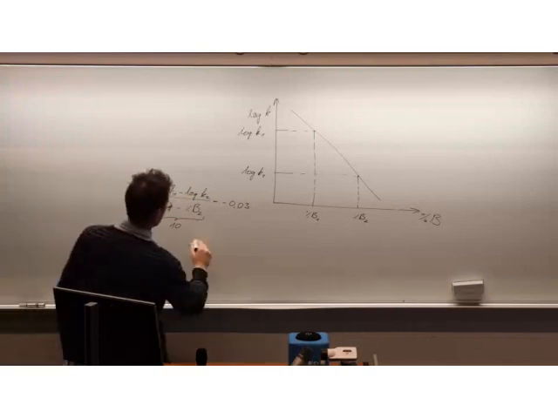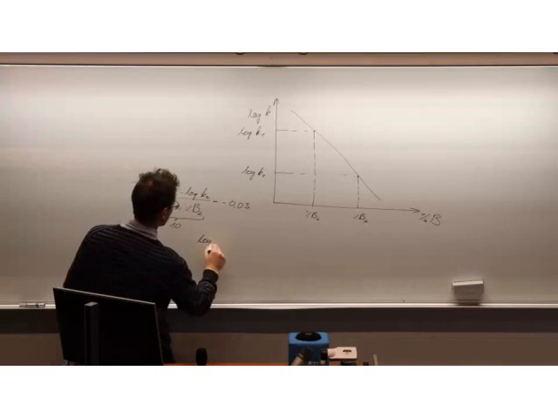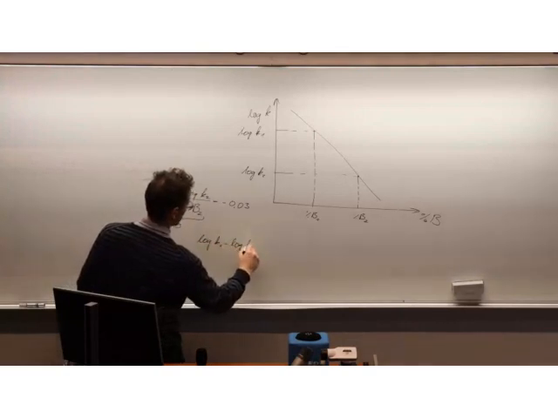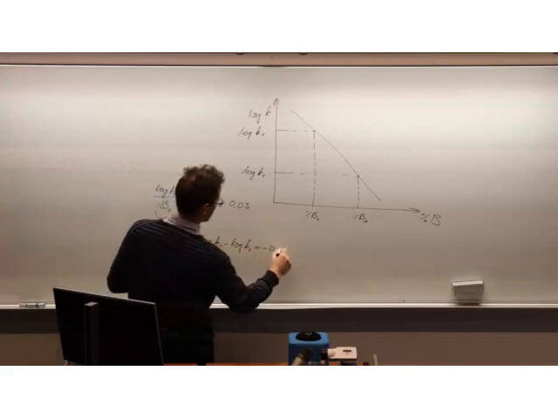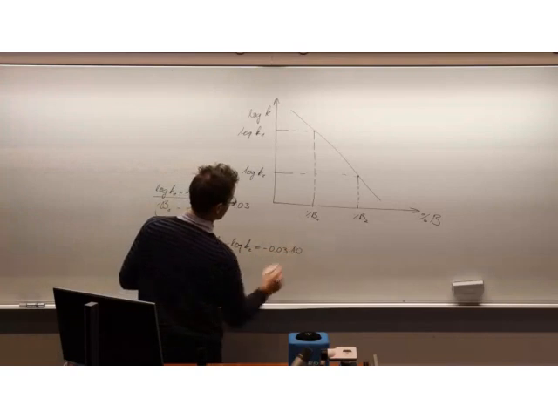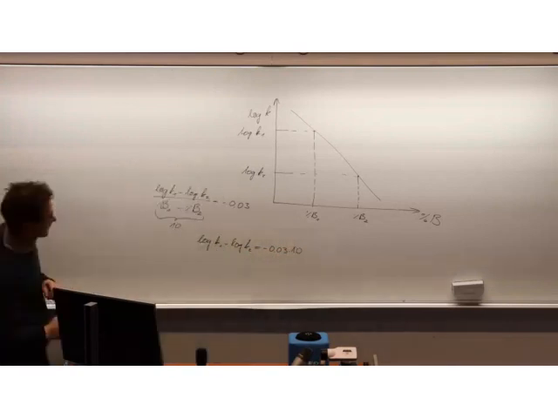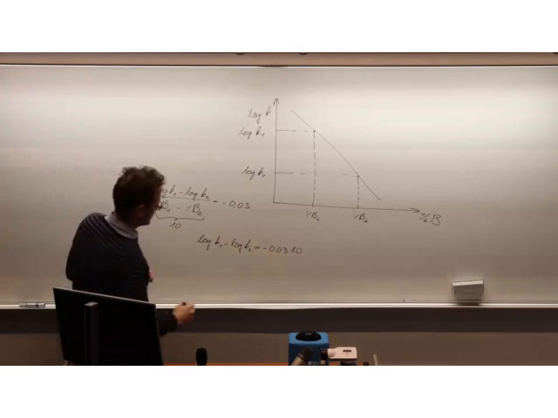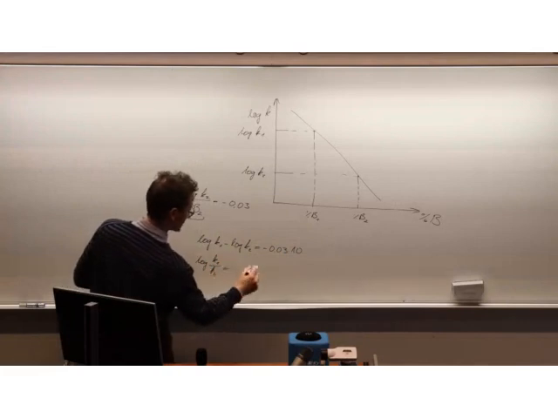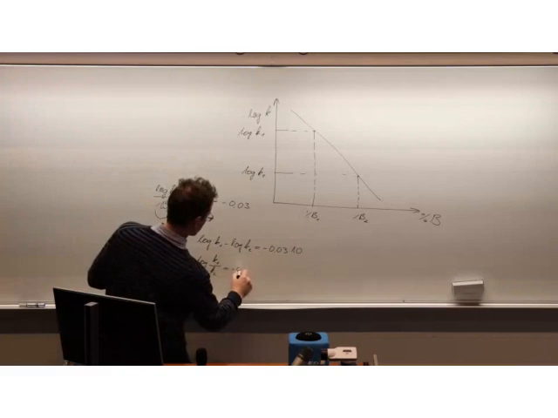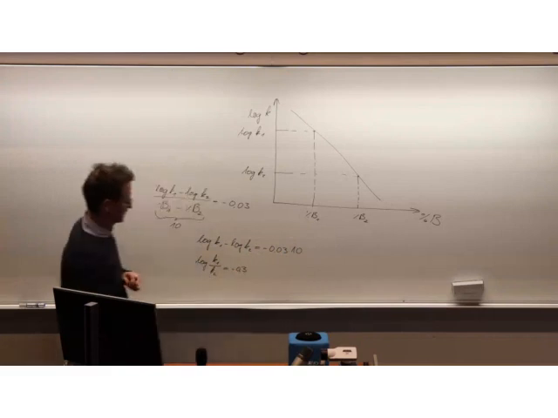So we see that logarithm k1 minus logarithm k2 equals minus 0.03 times 10. So if we rearrange a bit, then logarithm k1 divided by k2 equals minus 0.3.